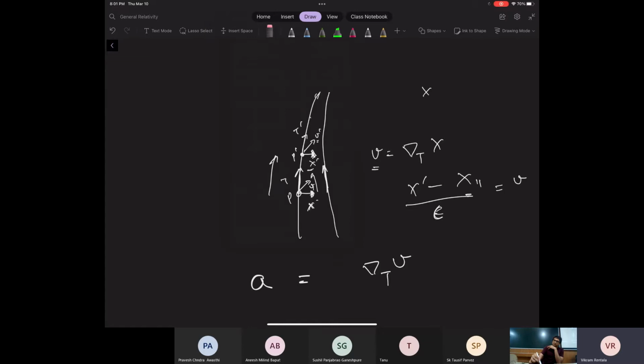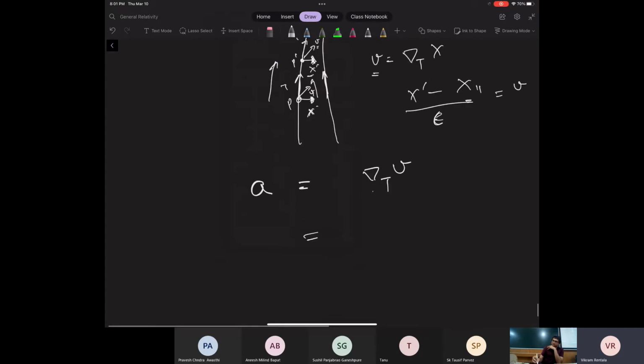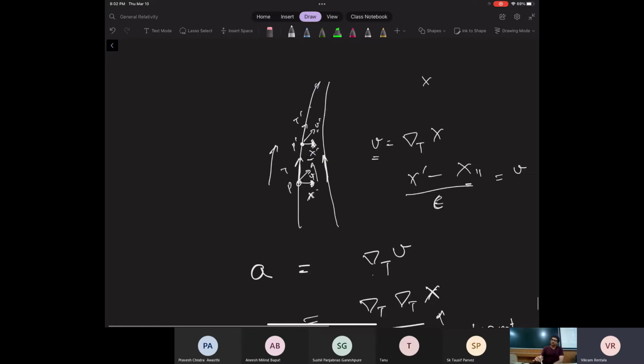Sorry, it's the derivative of v, and v itself is the derivative of x. So this is an acceleration of the displacement vector. So this is some measure of whether these nearby geodesics are accelerating towards each other or not. It's giving you some measure of that.